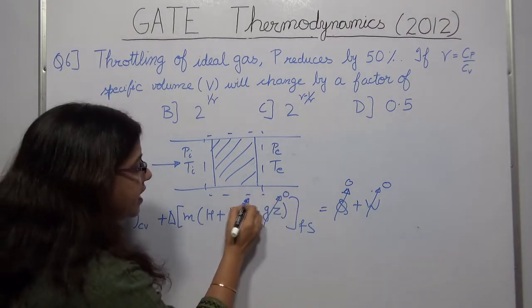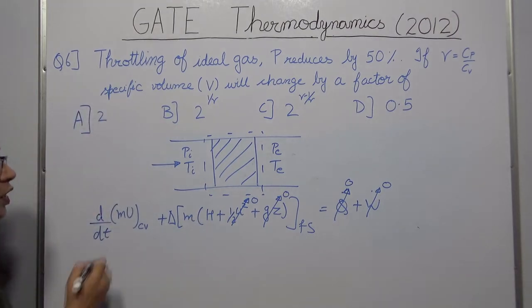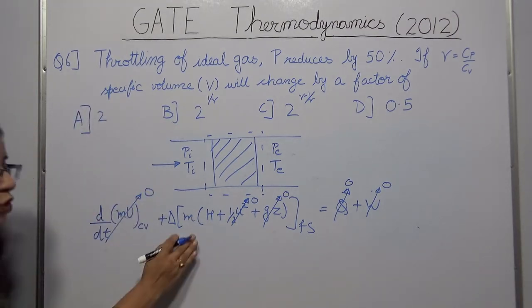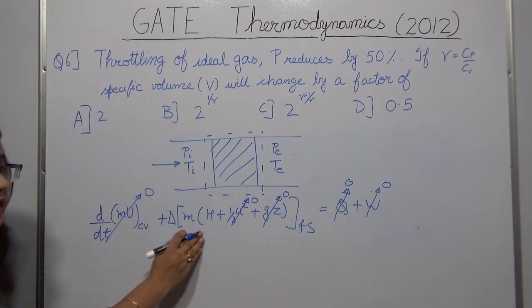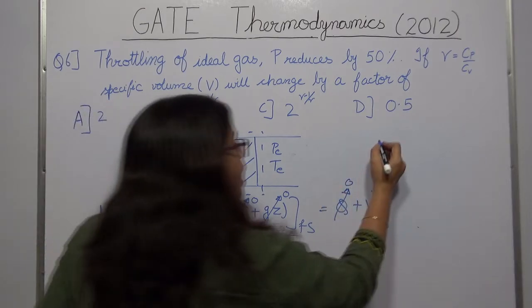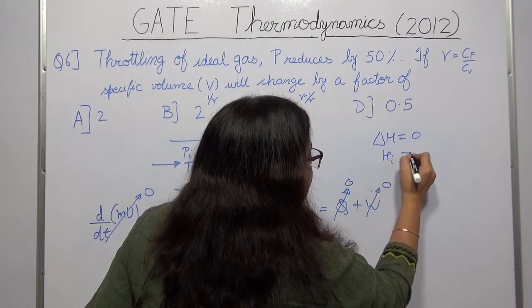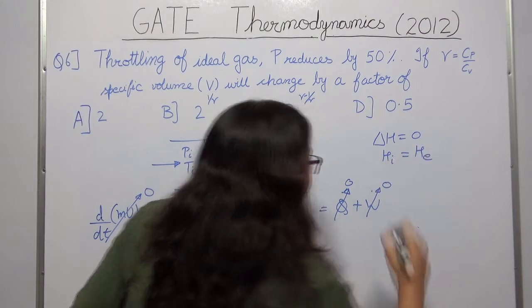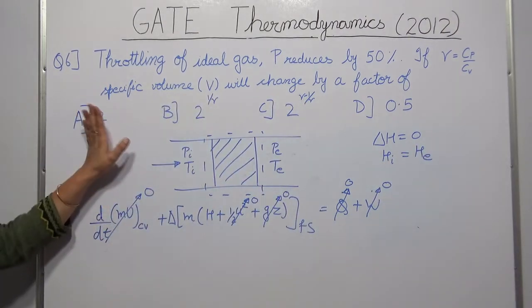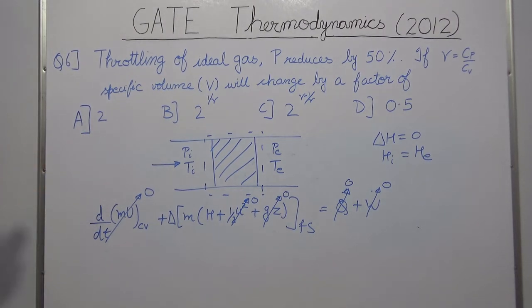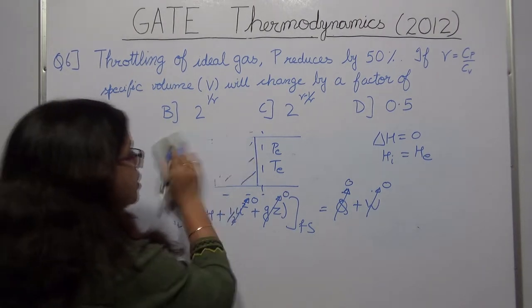Let's assume the kinetic energy changes are also 0. If we assume steady state, this term is also 0. So what you are left with is delta H equal to 0. That means your inlet enthalpy is equal to your exit enthalpy. So your throttling device is an isenthalpic device in which your enthalpy remains constant.